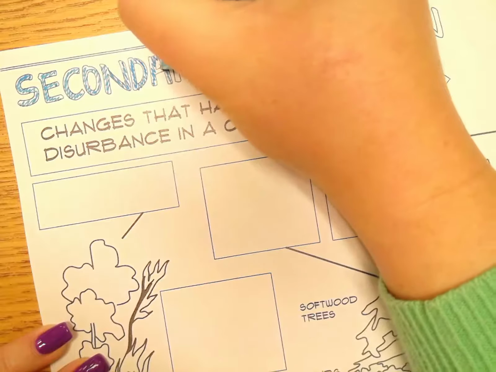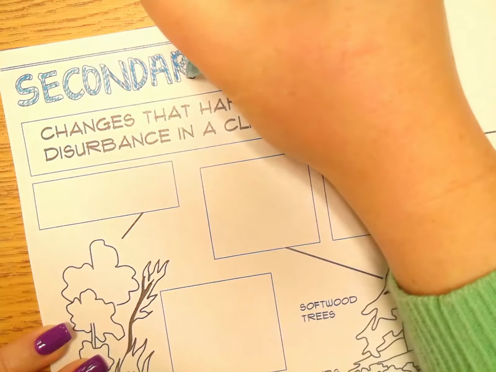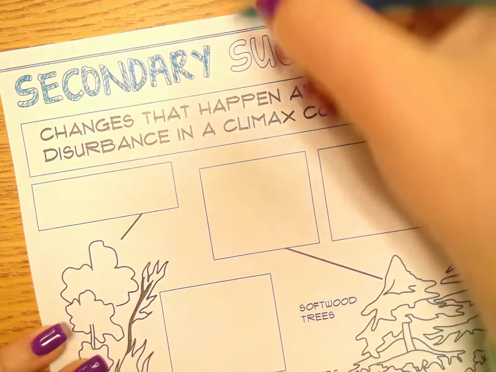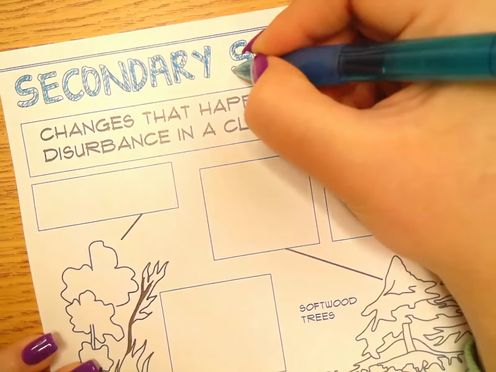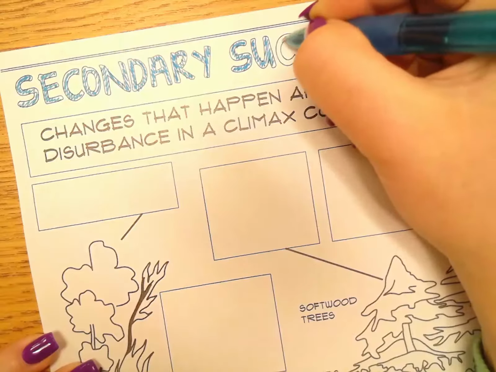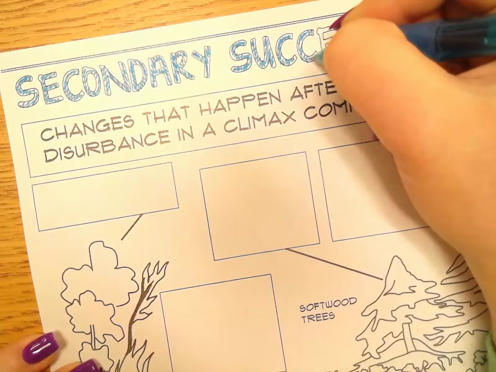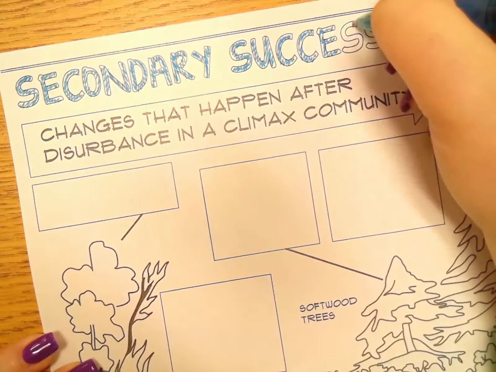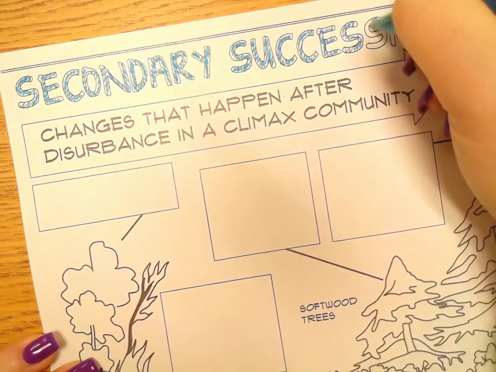There's no soil in that ecosystem, so that soil has to be created before anything can grow. Those lichens and mosses, the pioneer species for primary succession, move in and create that soil so that grasses and flowers can move in, and as they decay, they create more soil. It's a step-by-step process, that series of changes that happens.